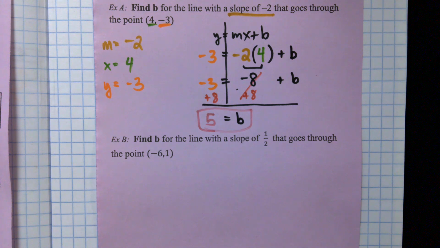So 0 times 2 is what? 0. So this whole thing goes away. So b equals 0.